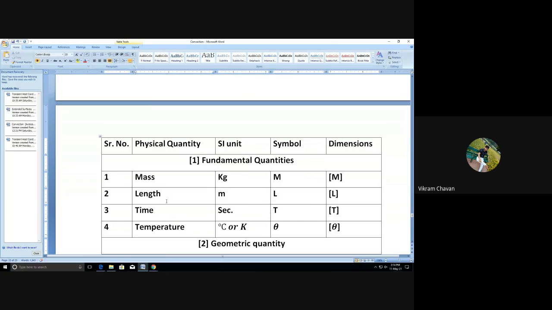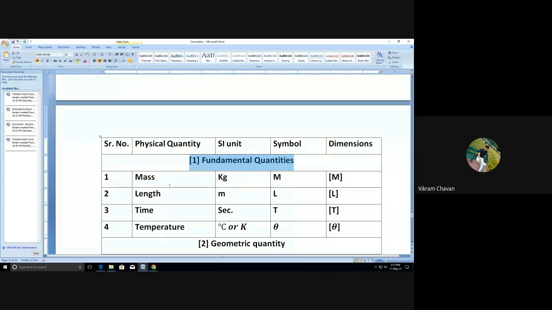And the first dimension group is fundamental quantities. Which are the fundamental quantities? Mass, length, time, and temperature. These are the fundamental quantities. So we will segregate the dimensions in different categories as per the heading.